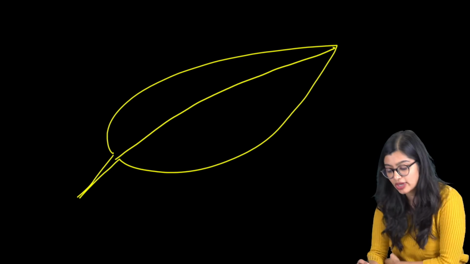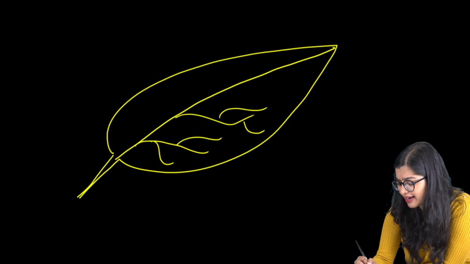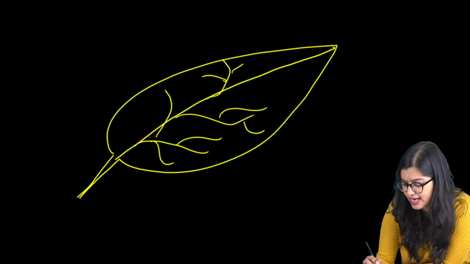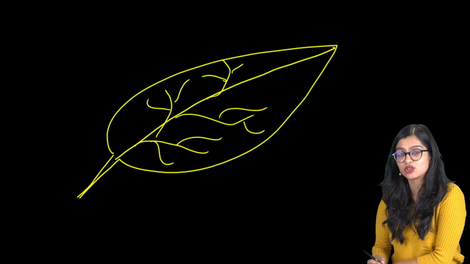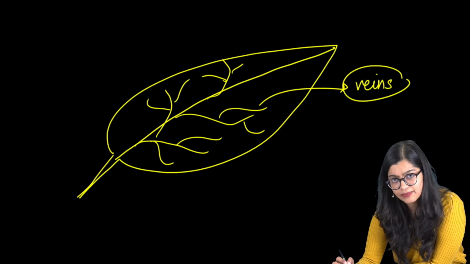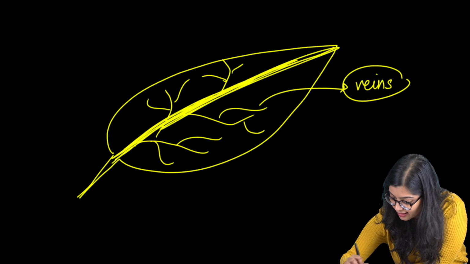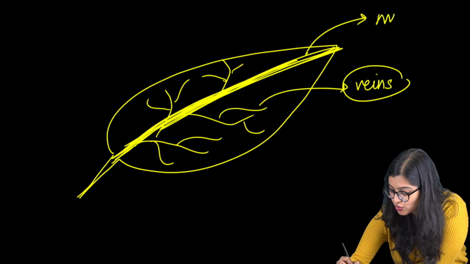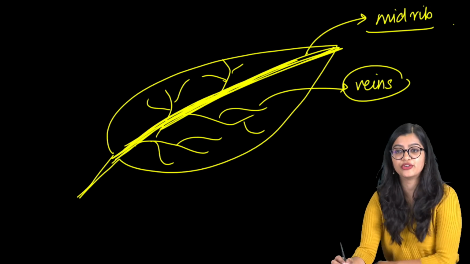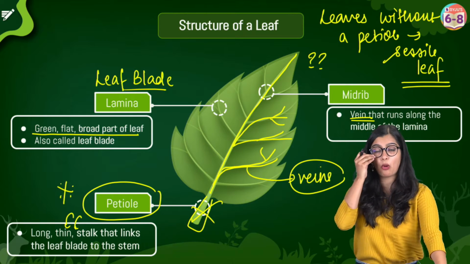But this is not the only thing. There are various lines or patterns that run in the leaf. These patterns or lines that we observe are what we call veins. Now there is one prominent one in the center that I'm highlighting, which is what we call a midrib. So these are two structures which are very important.